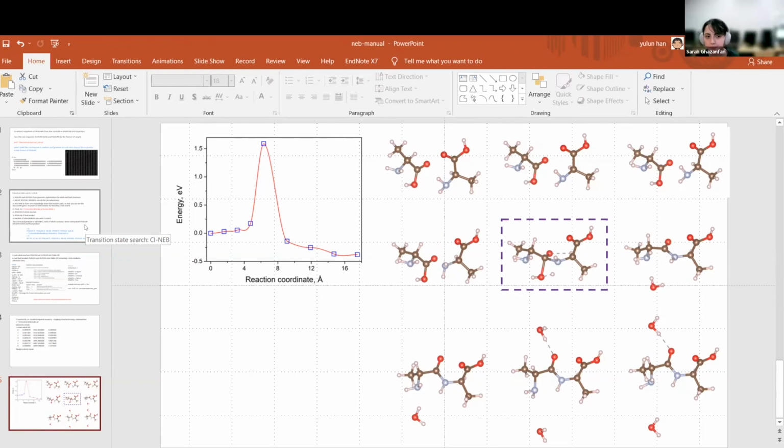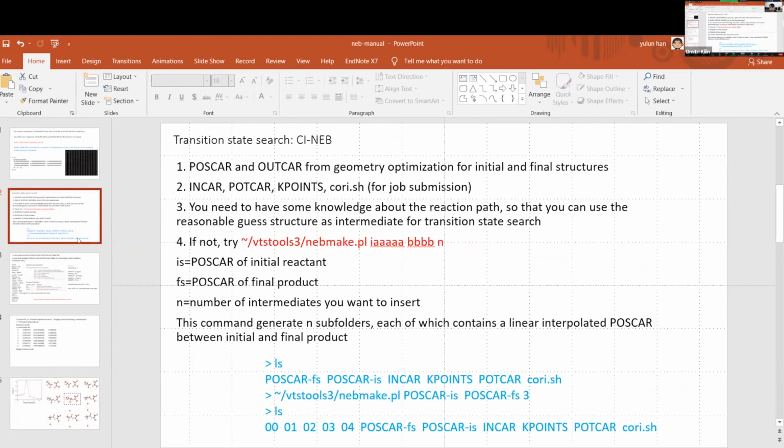I see. Okay, thanks. So the larger number would be better, but it would be too expensive. So one has to find a balance between numerical cost and precision, right? Yeah, makes sense.